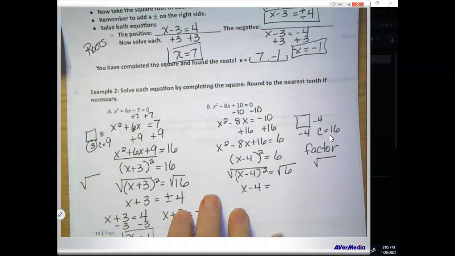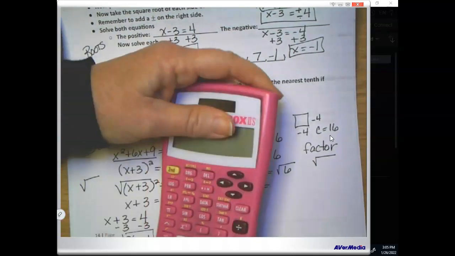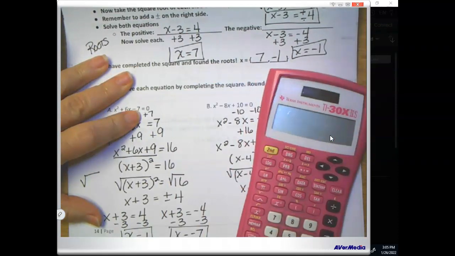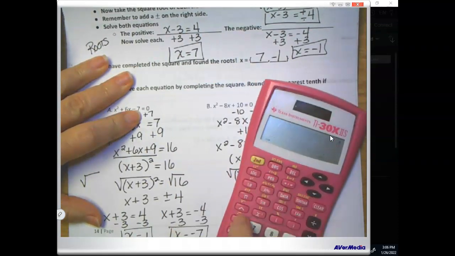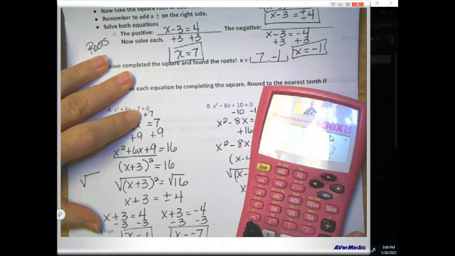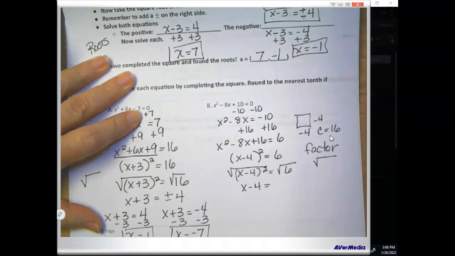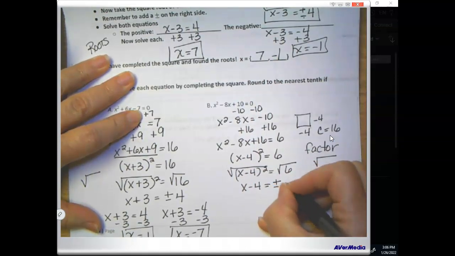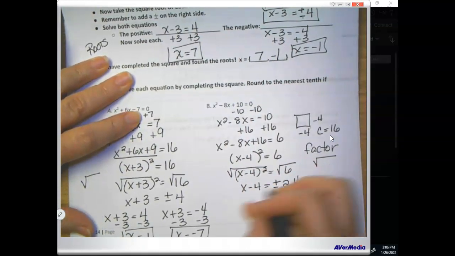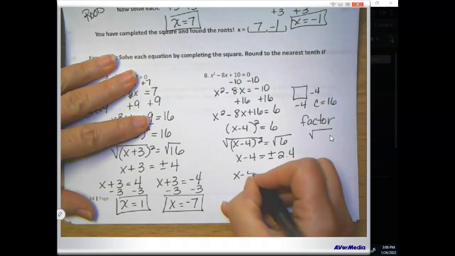Oh, where's my calculator? Clear. Square root of 6, and it says to round to my nearest tenth. So 2.4. It's a positive or negative 2.4. Set up my two equations.